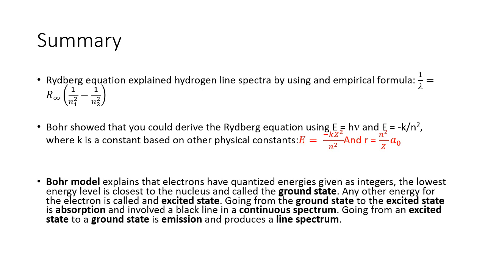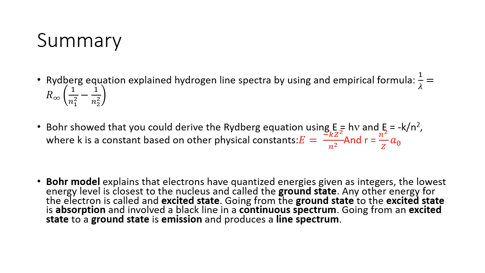In addition, he discovered that you could use it for any ion that has only 1 electron, so you just include the z number, and the radius at which the electron is circling is equal to n squared over z times a naught, where a naught is the Bohr radius.